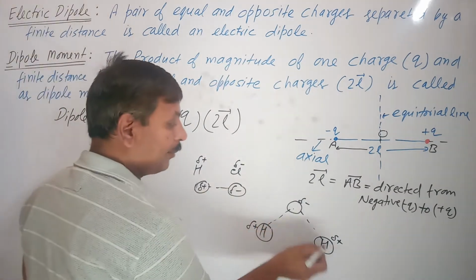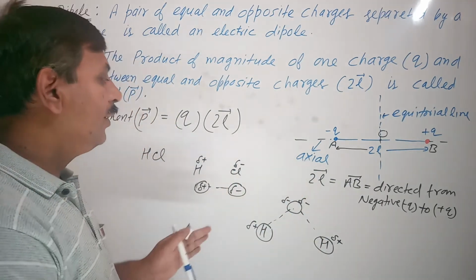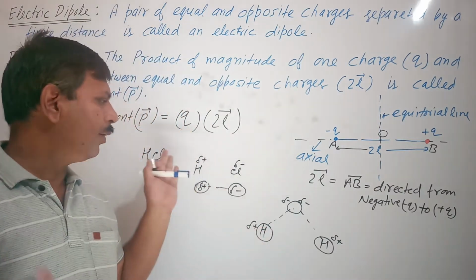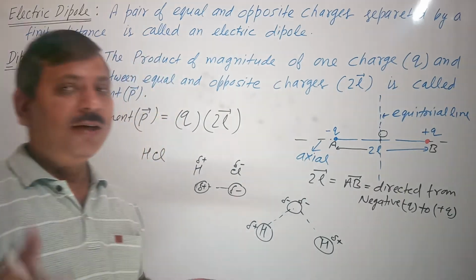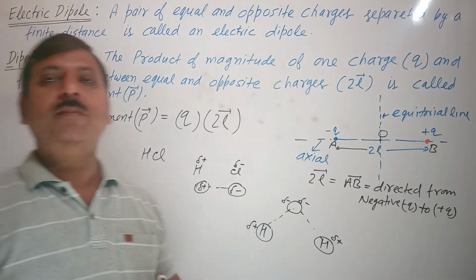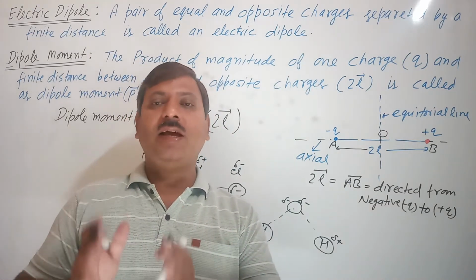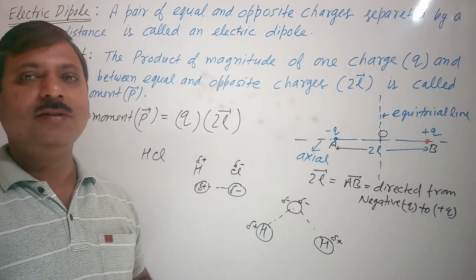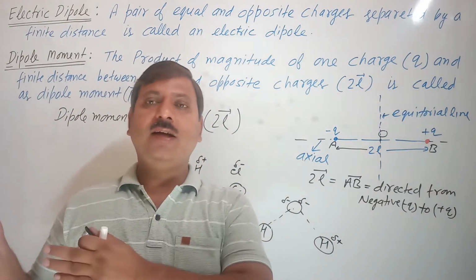Two dipoles are forming here, negative and positive, and also slightly negative and positive, so they form an electric dipole and have a net dipole moment. So polar molecules behave like an electric dipole. Similarly NH3 and hydrogen fluoride. All of these polar molecules have a permanent electric dipole moment. If the molecules are non-polar, for example Cl2 or H2, their dipole moment is zero, meaning they do not possess an electric dipole.